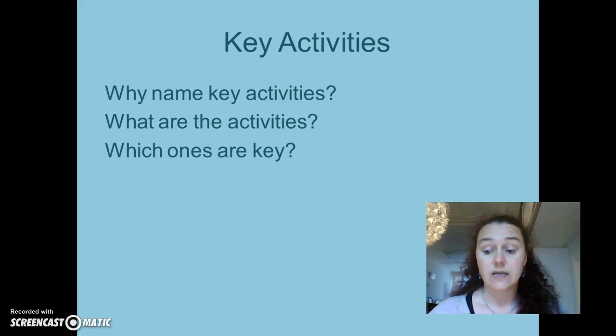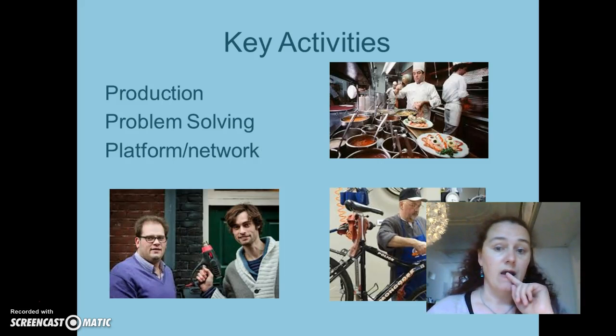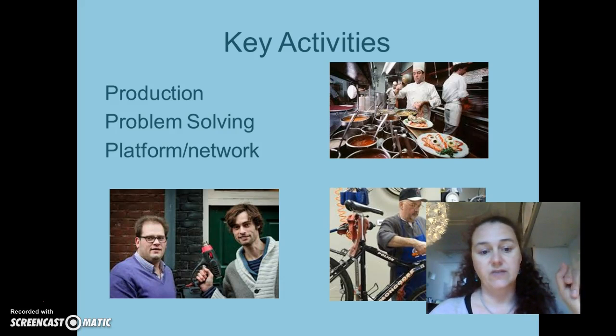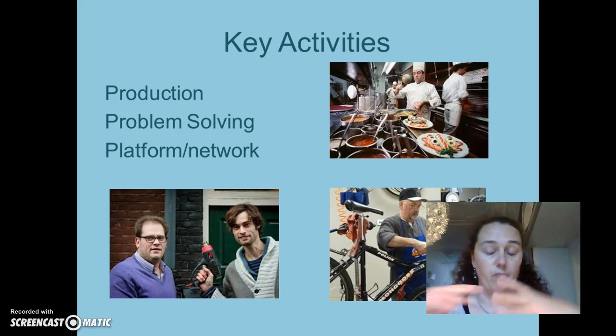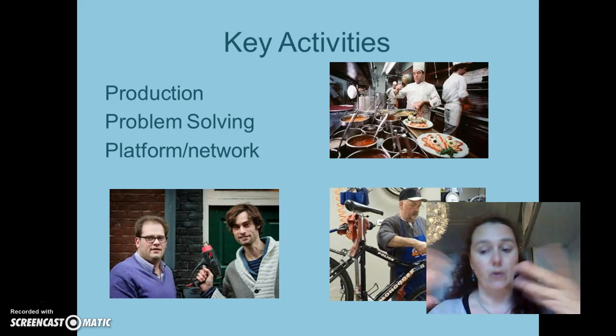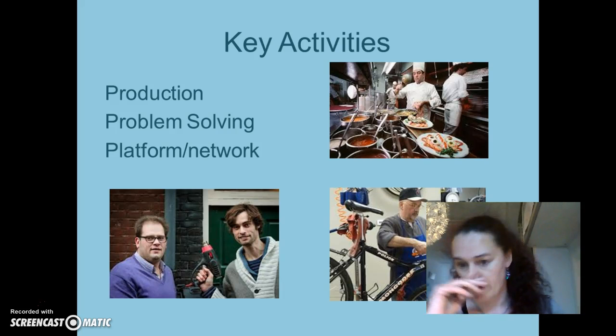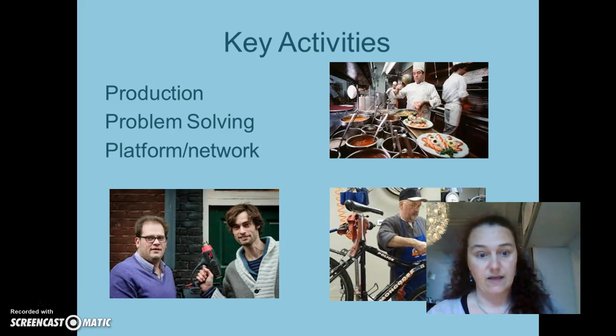Now, there are different types of key activities. There are three main categories: production, problem solving, and supplying a platform or a network. If you're in the restaurant business, you're producing the meals, and not only the meals but also the service and the environment. That's the key activity there.